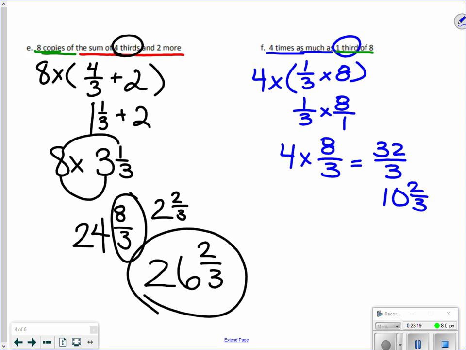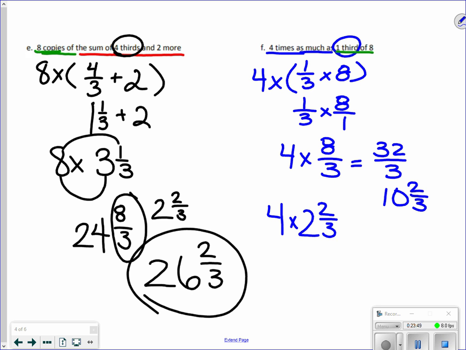Do you see where leaving it improper is sometimes easier? If I take this and I make it mixed in the middle of the problem, Andrew, then this would be 4 times 2 2/3.